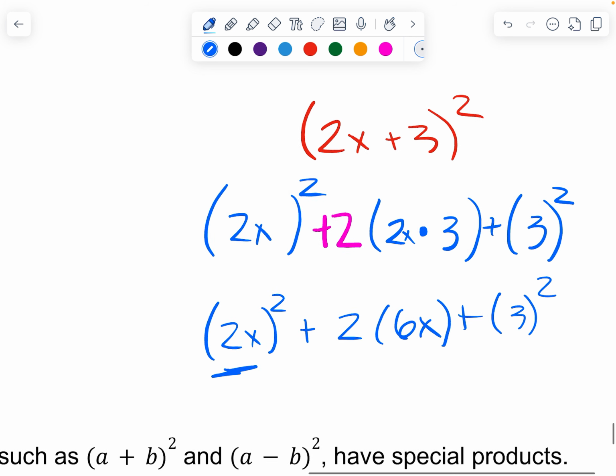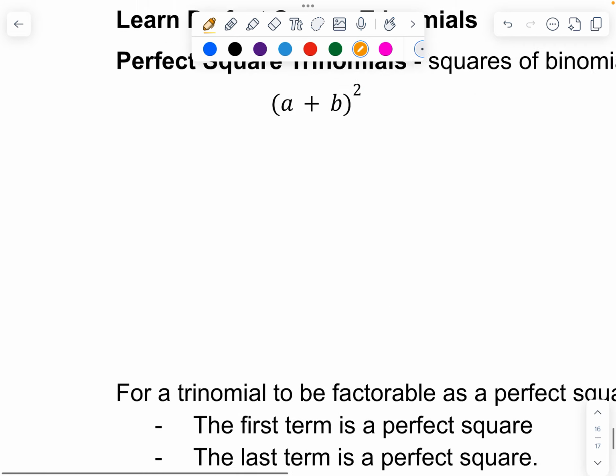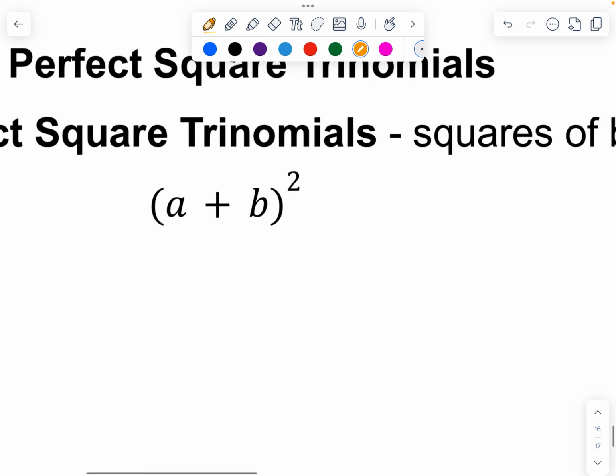So the first term is a perfect square. The last term is a perfect square. In the middle, that's what we're looking for. It's the two terms that are perfect squares multiplied together and times 2.